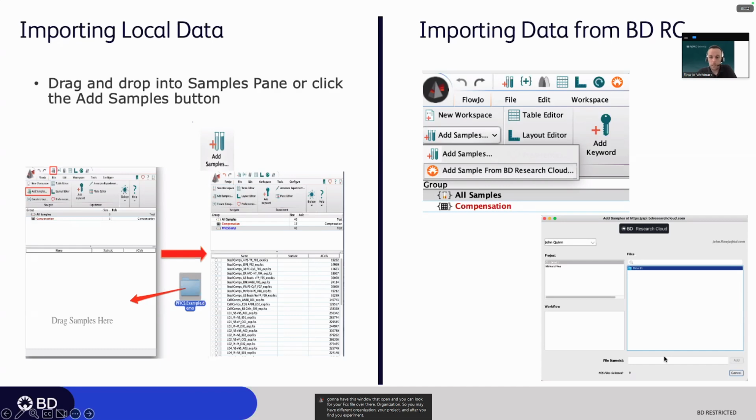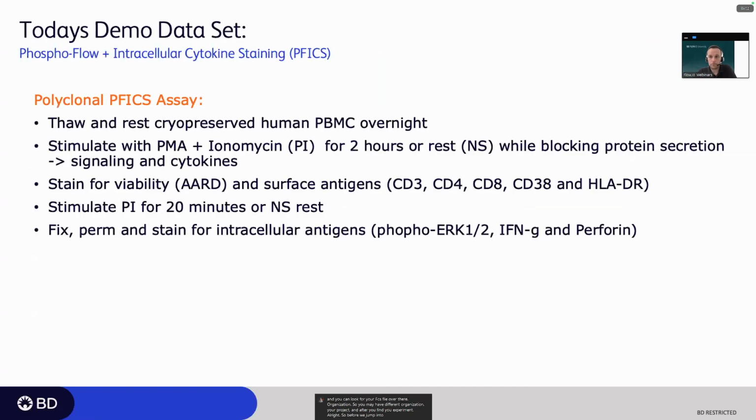So before we jump into the live demo, let's talk a little bit about the data I'm going to use today. Today's data are PhosFlow data, so phosphorylation plus intracellular staining. They are human PBMCs. They were stimulated or not with PMA ionomycin for 2 hours.